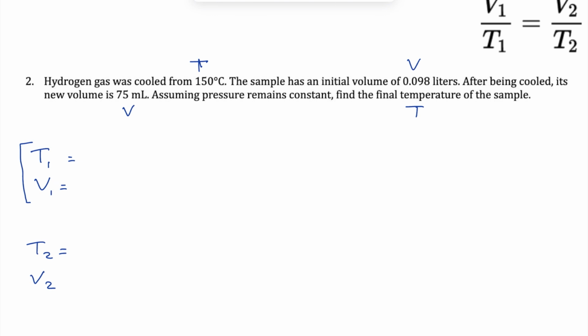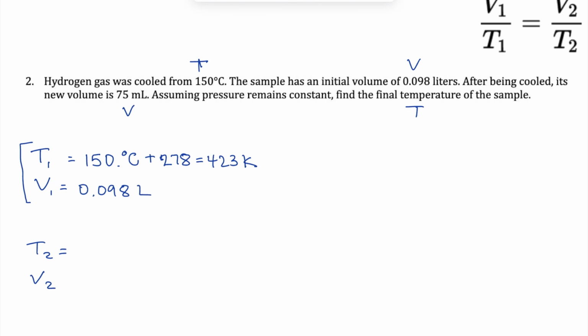So it's cooled from 150 degrees Celsius. That's our temperature. And we need to make sure that we are changing that to Kelvin. So 150 plus 273 is going to give me 423 Kelvin. The sample has an initial volume of 0.098 liters.